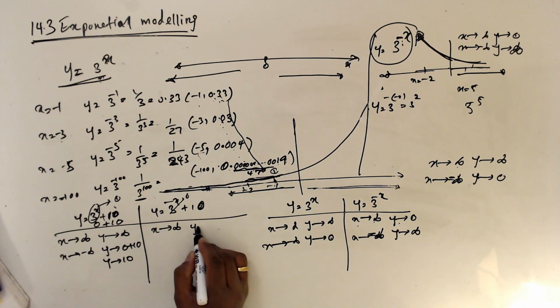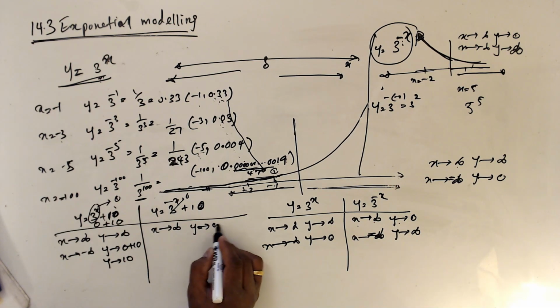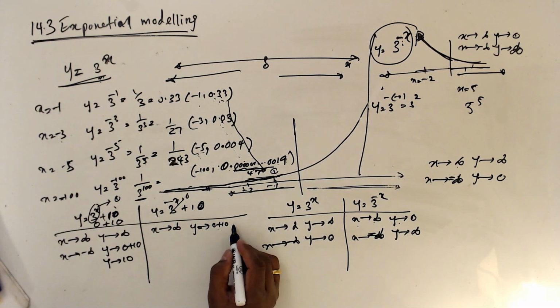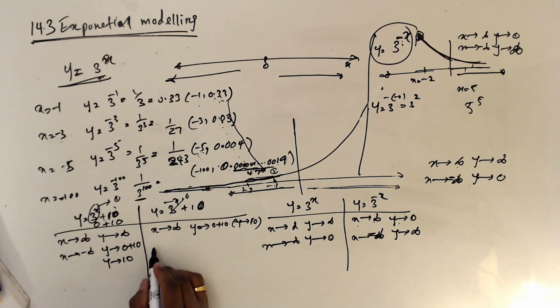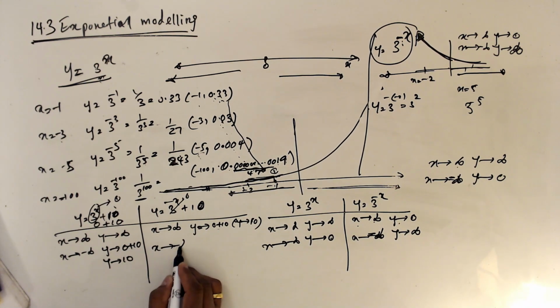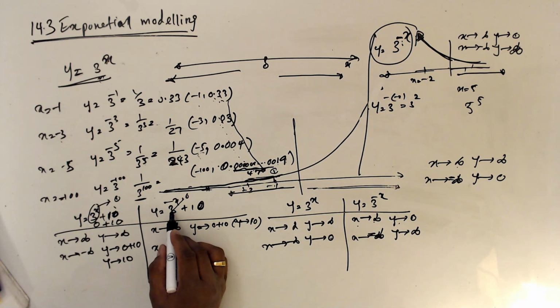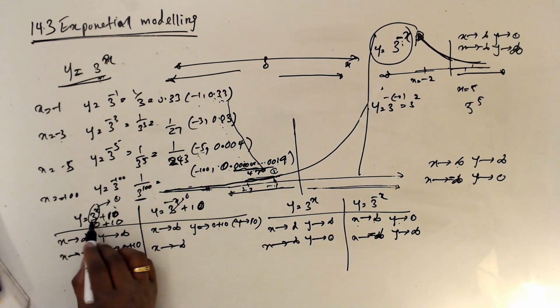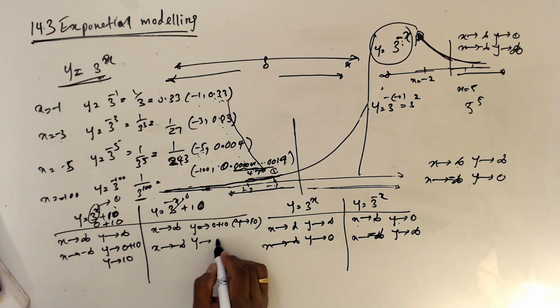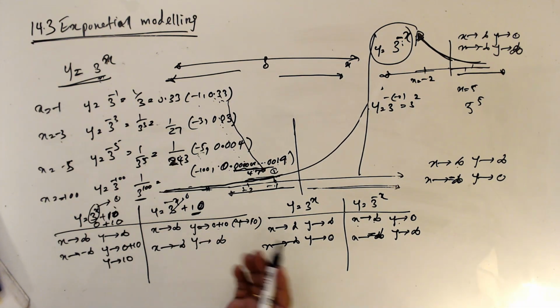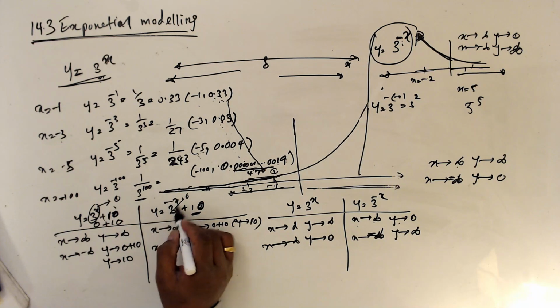So y goes to 0 plus 10, which is 10. And when x goes to negative infinity, negative times negative becomes positive, and it will follow this one. So y goes to infinity. Now this 10 doesn't count because it's very small compared with this infinity.